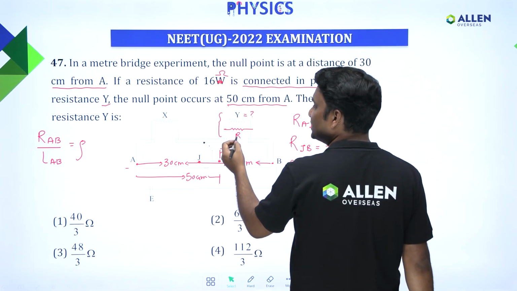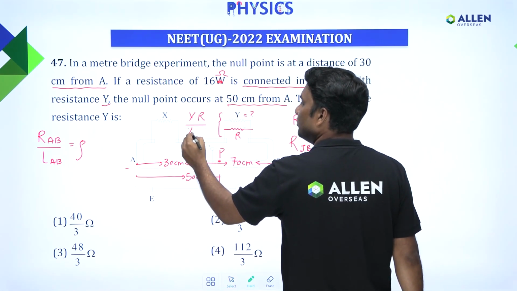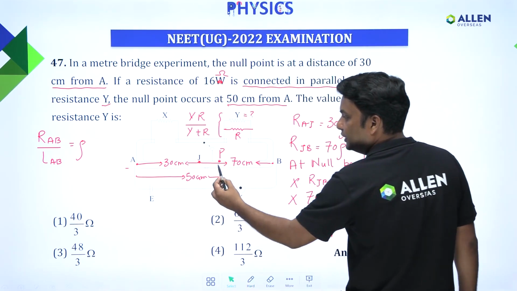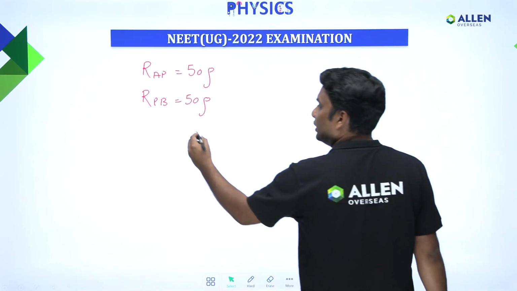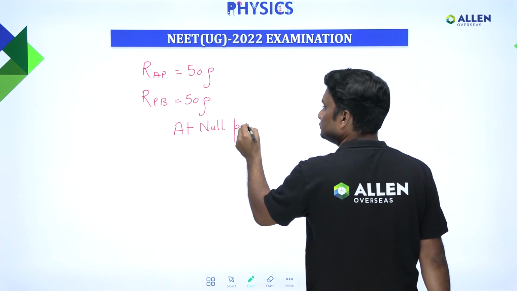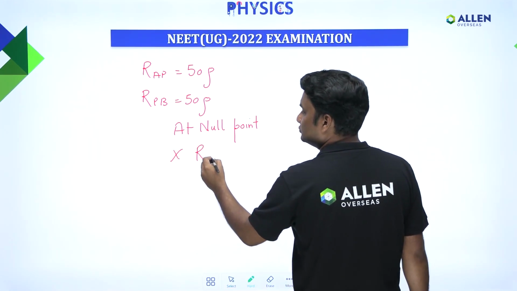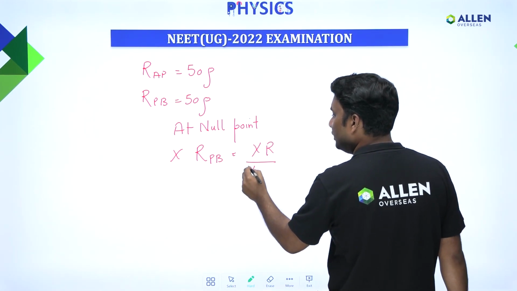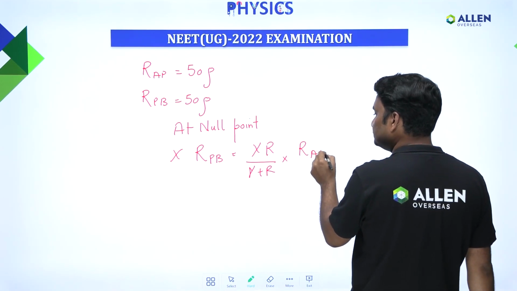So the equivalent resistance, I can write when they are in parallel, as Y into R by Y plus R. In this situation I can say resistance X into RPB, here at null point, when our bridge is balanced, I can say R into PB is going to be equal to Y into R by Y plus R into RAP, right?